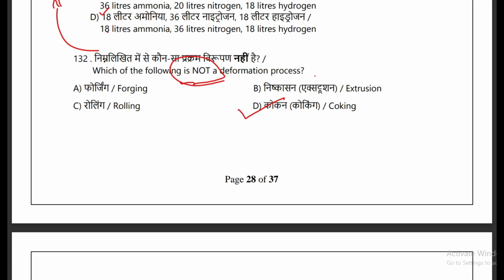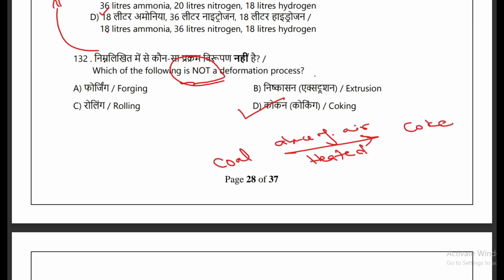Coking is a process in which coal is heated in the absence of air to produce coke, a porous solid used in metallurgical processes.